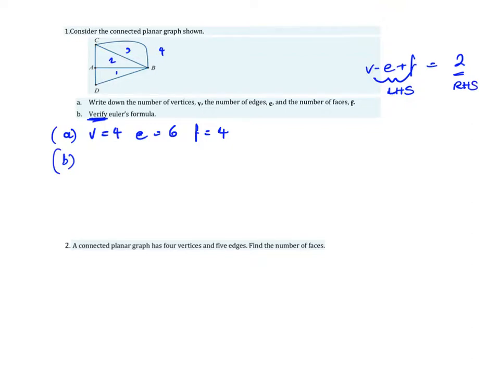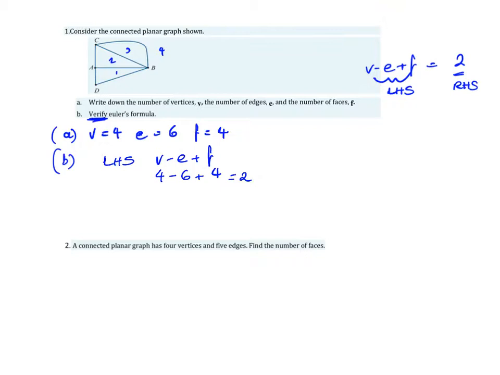So I'm going to start with the left-hand side, and it's V minus E plus F. I'm going to substitute in my values. So I've got 4 minus 6 plus 4. And what do I get when I work that out? I get 4 minus 6 is minus 2, plus 4 is positive 2.